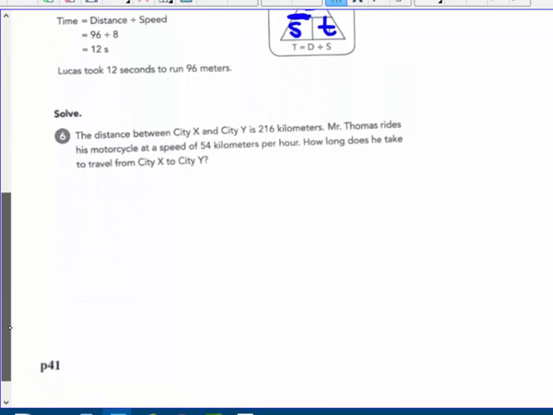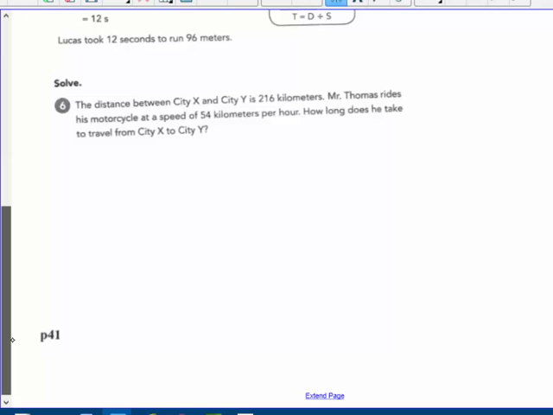The distance between city X and city Y is 216 kilometers. Mr. Thomas rides his motorcycle at a speed of 54 kilometers per hour. So there's my speed. Here's my distance. How long does it take him to travel from city X to city Y?